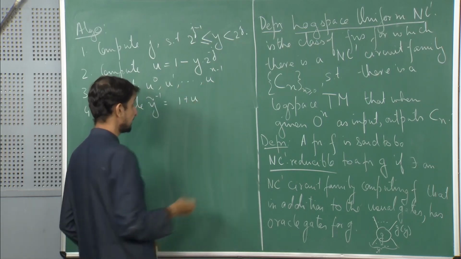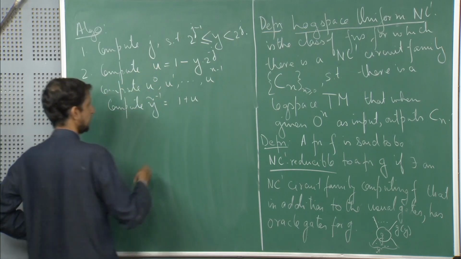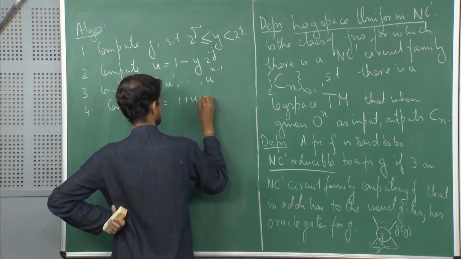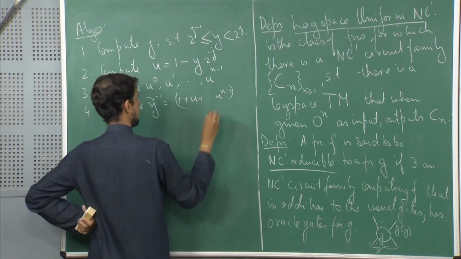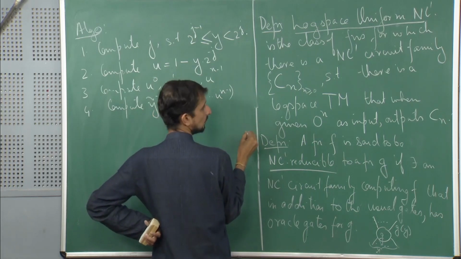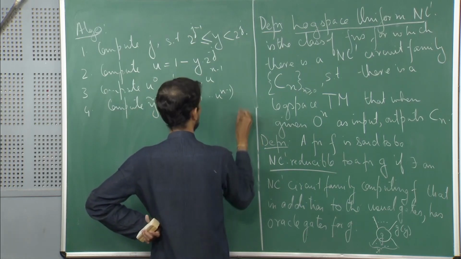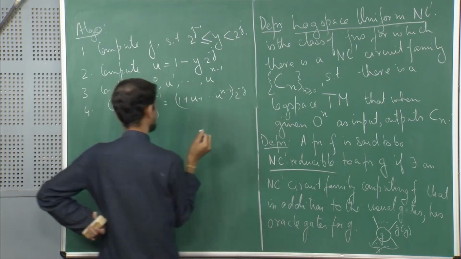We have seen iterated addition also in NC1. So, 1 plus u plus up to u to the power n minus 1, into 2 to the power minus j.